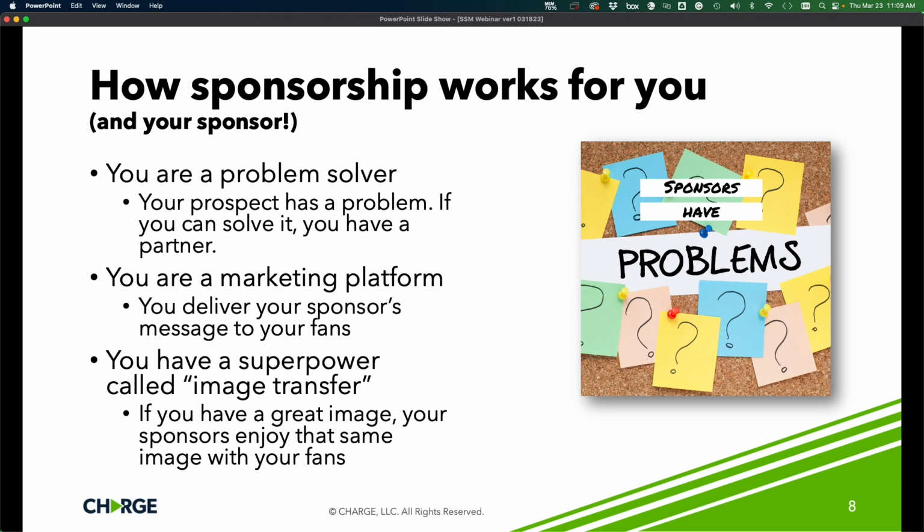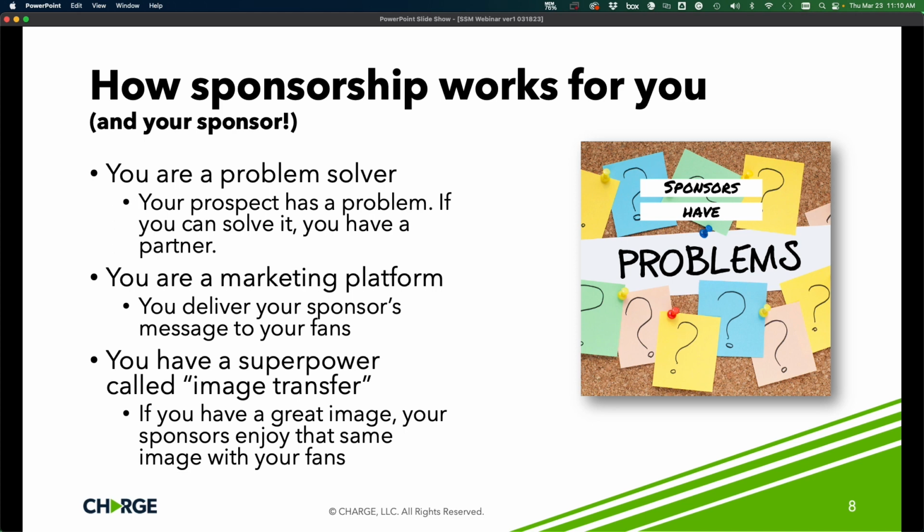He's really a marketing organization that happens to race. And so he is going to become a platform that can help deliver his sponsors' messages to his fans, their customers. That's an important part of the sponsorship process, that you are the method of delivery of your sponsor's message.